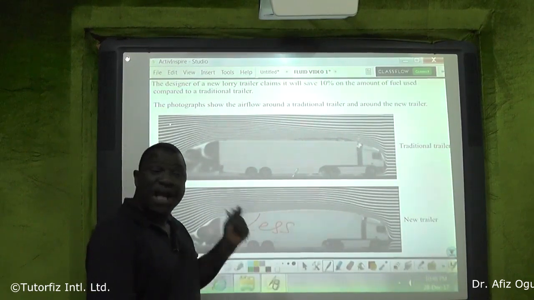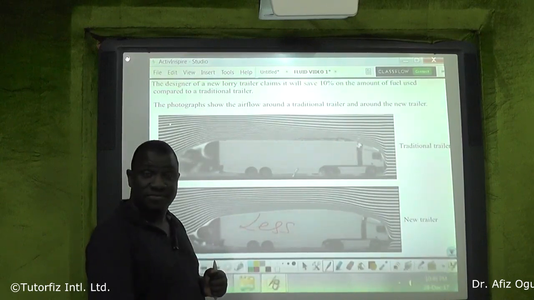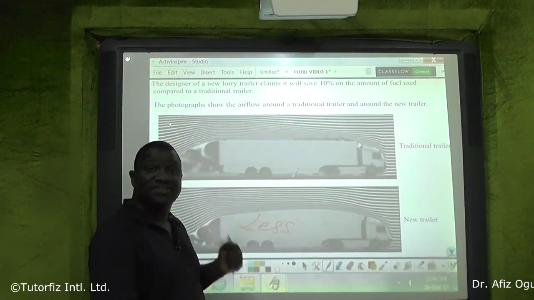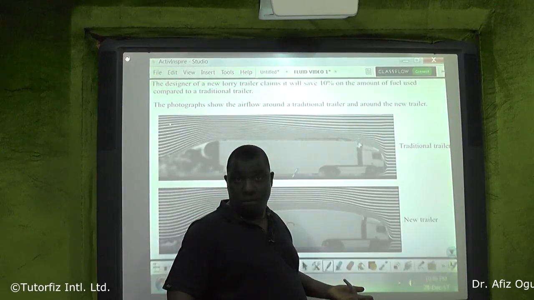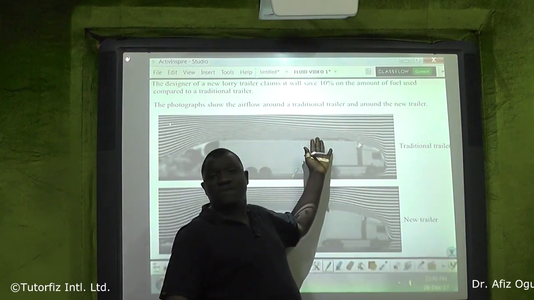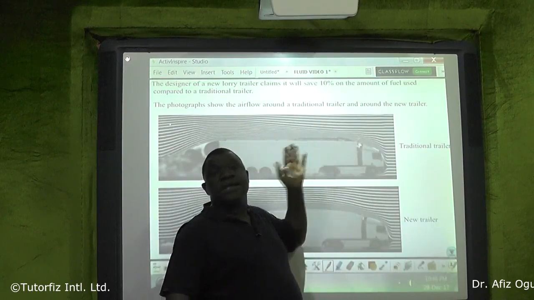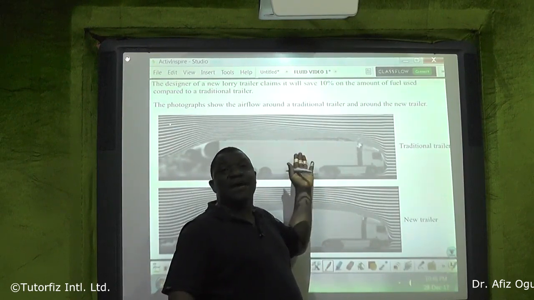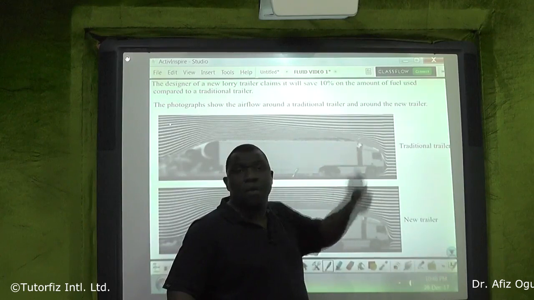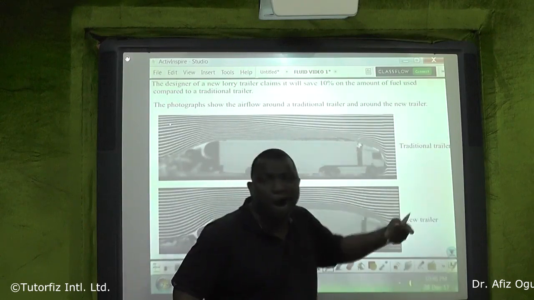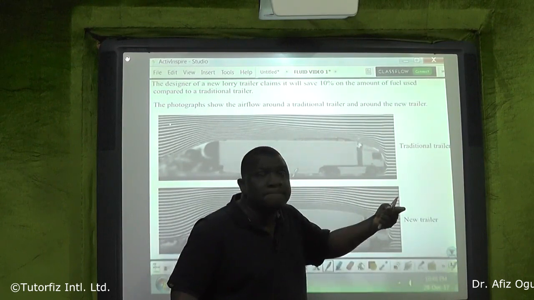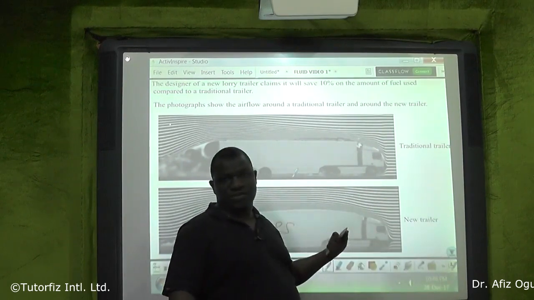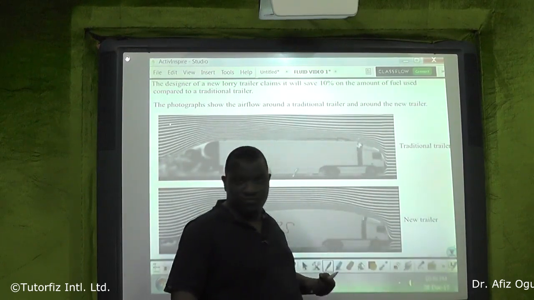For the turbulence, work has been done against the drag force. The one with the turbulence will have more drag force. Because it has more drag force, the traditional trailer here will do more work to overcome it. We first do work to overcome the drag force before thinking of doing work to move.